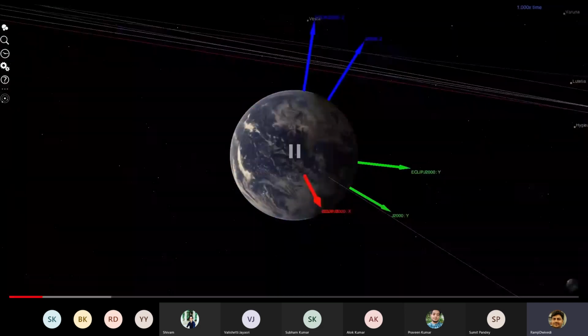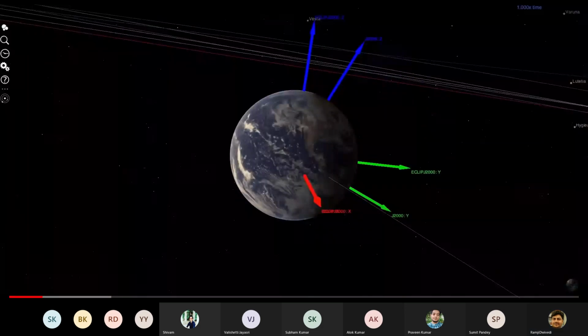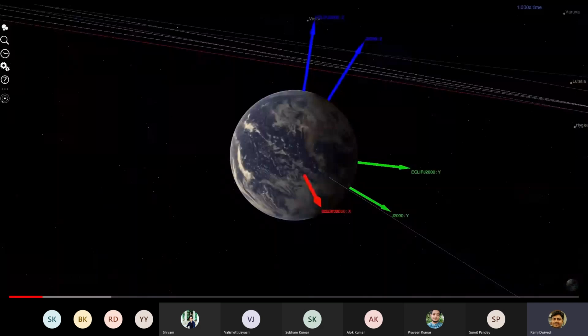One XYZ has X, sorry, the zero longitude line, the intersection of the Earth equator with zero longitude, then Z containing your Earth rotation axis, and Y perpendicular to make a right-handed coordinate system.